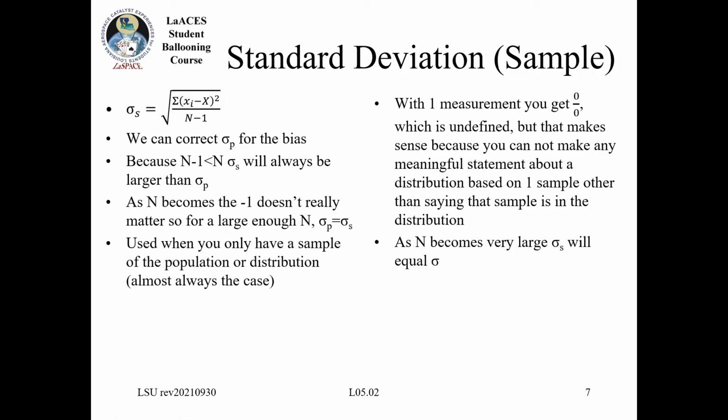That's something meaningless mathematically, right? But that sort of makes sense if you think about it, because if I just take a single measurement, there's nothing I can really tell about the distribution from that single measurement. I have to take multiple measurements to be able to say anything.